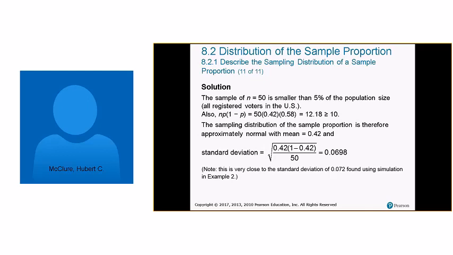Registered voters in U.S. And of course, it doesn't tell you. How many registered voters in the United States in 2018.